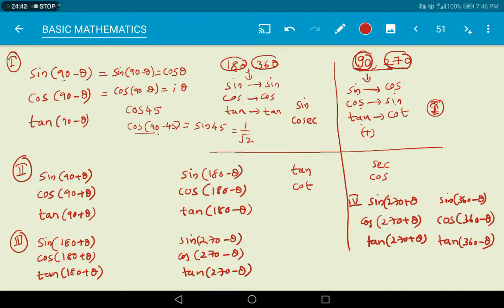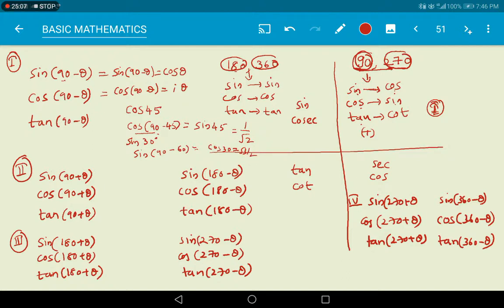In the same way, they are asking sin 30. So sin 30 we can write sin of 90 minus 60. So this gives cos 60. Like that we can get the values.